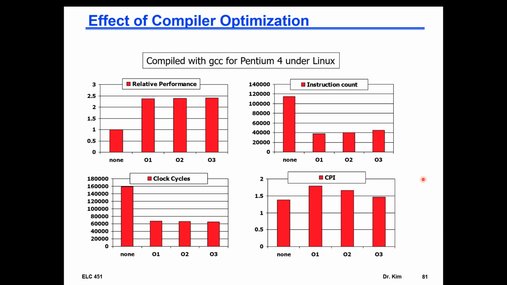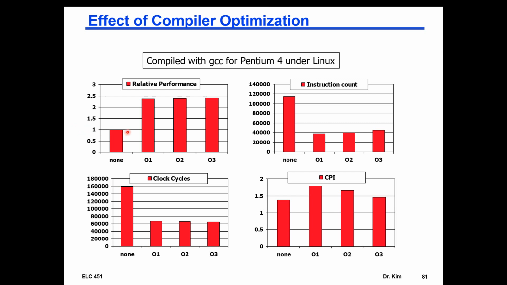So here we have code compiled with different levels of optimization for Pentium 4 on Linux. And here we're looking at the performance. Remember, performance is defined as 1 over the execution time.